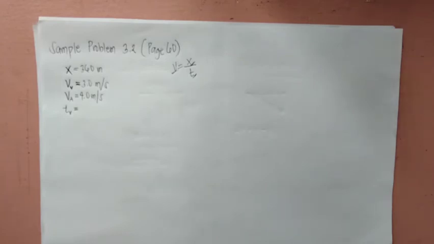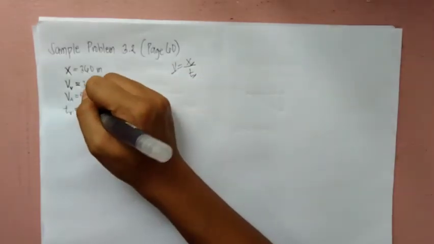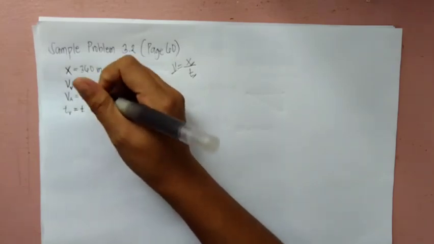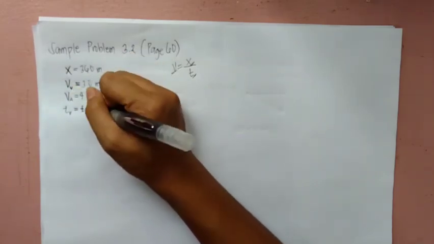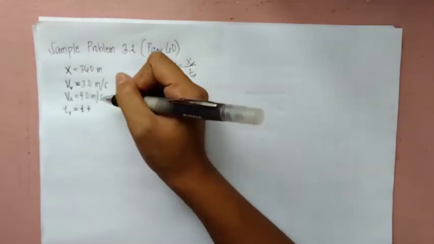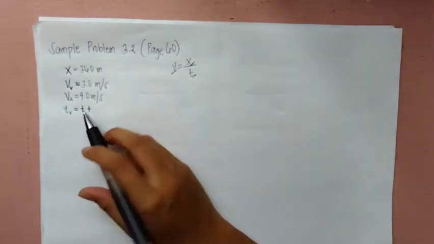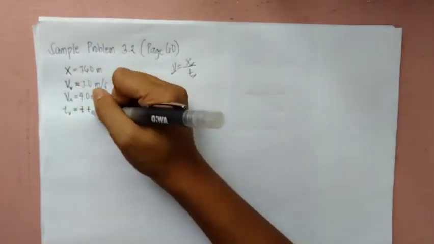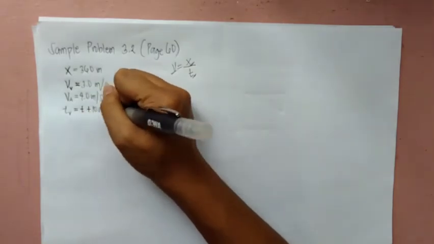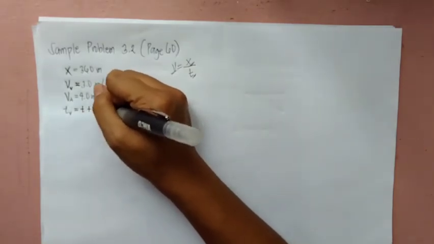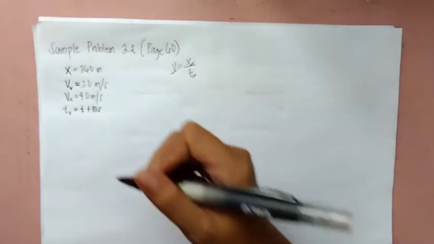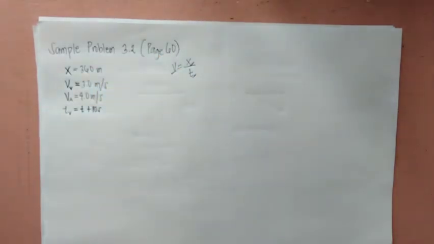It was said that 10 seconds later, Angelito started or followed Vanya. So this will be the time Vanya walked before Angelito follows her, this T, and then plus 10 seconds. Where is this 10 seconds coming from? From the statement, 10 seconds later.